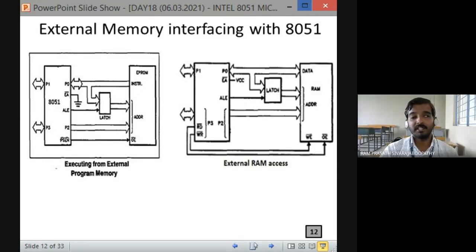To read the external RAM memory, which signal do we have to use? On seeing the diagram, you can say we need two signals, as it is read-write memory. For read operation, one signal. For write operation, we have one signal. Can you type it in the chat? What are those signals?